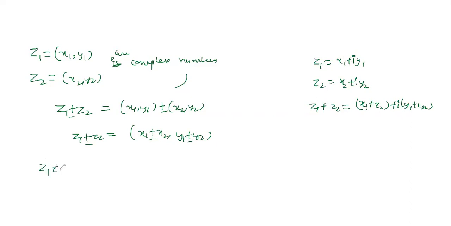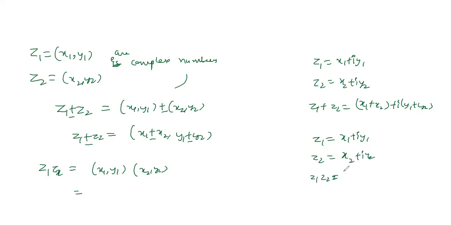And how they are multiplied? Z1, Z2. So x1, y1, x2, y2. How they are multiplied? You are already familiar with this notation. So what will be the product of Z1 into Z2?